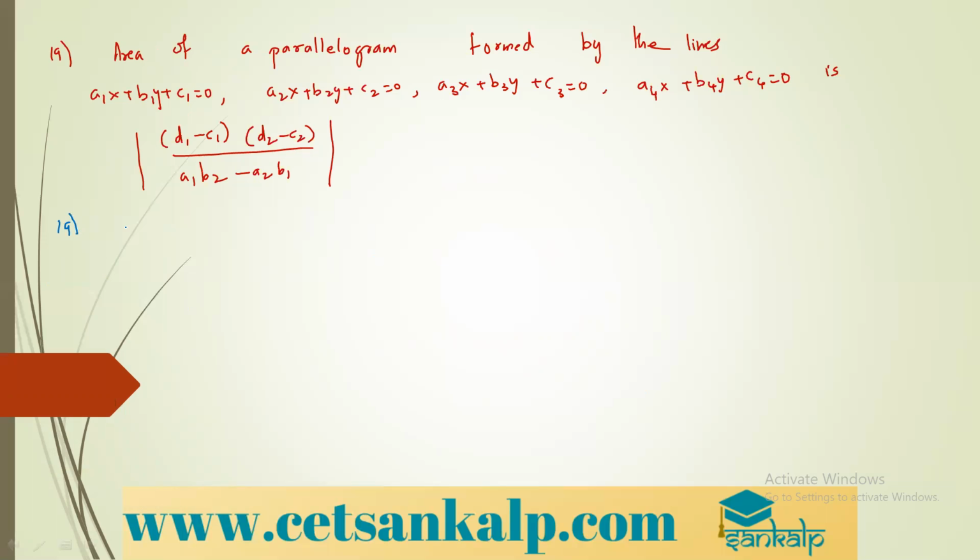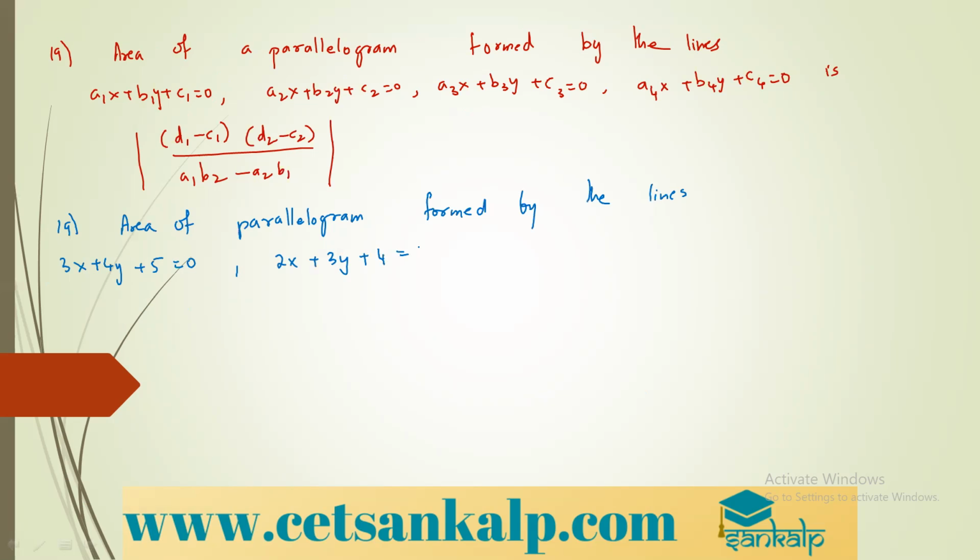So in question number 19, we have to find the area of a parallelogram formed by the lines. The lines taken here are 3x plus 4y plus 5 equal to 0, 2x plus 3y plus 4 equal to 0, 3x plus 4y plus 7 equal to 0, 2x plus 3y plus 5 equal to 0.